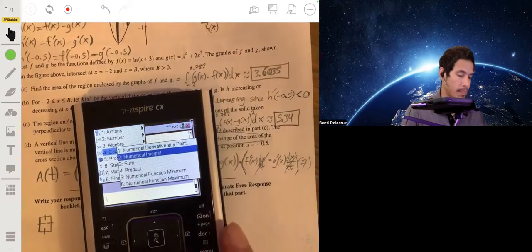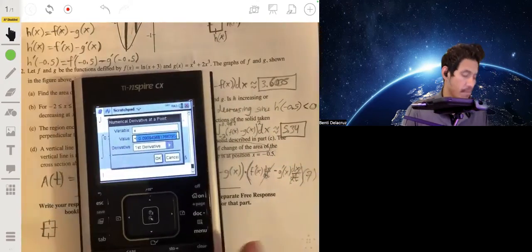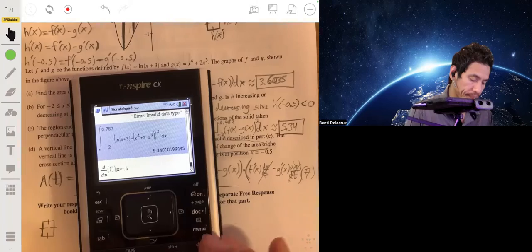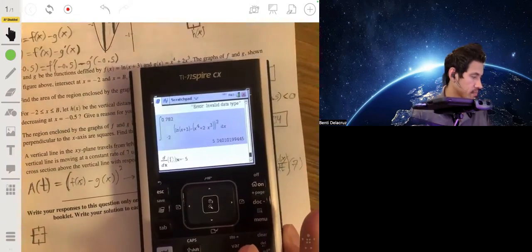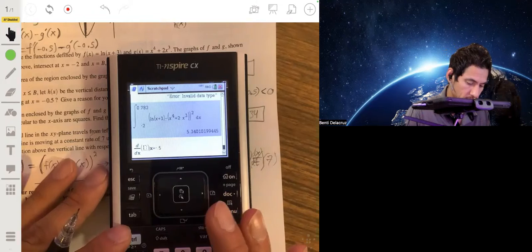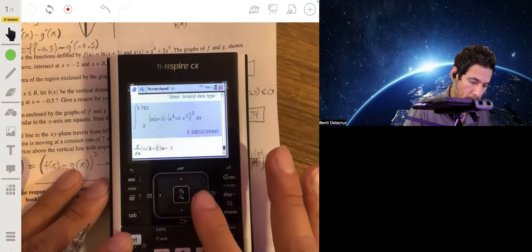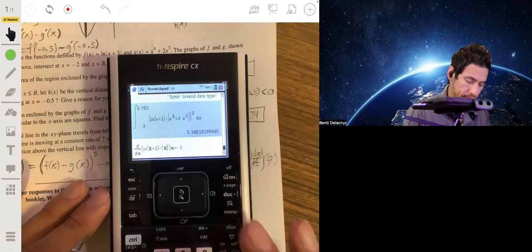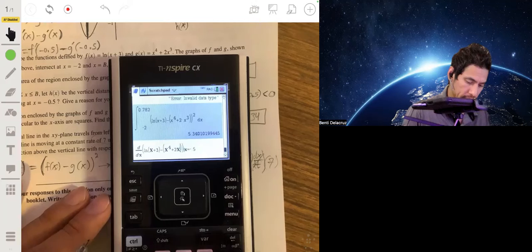We're going to take the derivative of the area at negative 0.5, which is equal to f of x minus g of x. Should have this memorized by now. Natural log of x plus 3 minus x to the fourth plus 2x cubed.